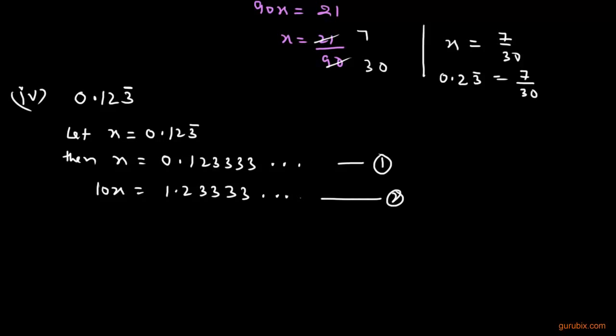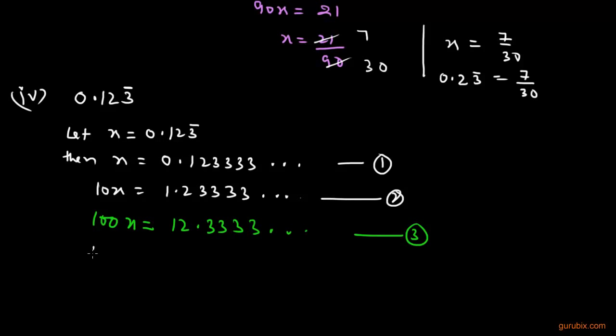Now we shall once again multiply equation 2 by 10, and we get 100x equals 12.3333, and let this be equation number 3. And we observe that the decimal parts of these three equations are still not the same, so we shall multiply once again by 10 on both sides of equation 3.